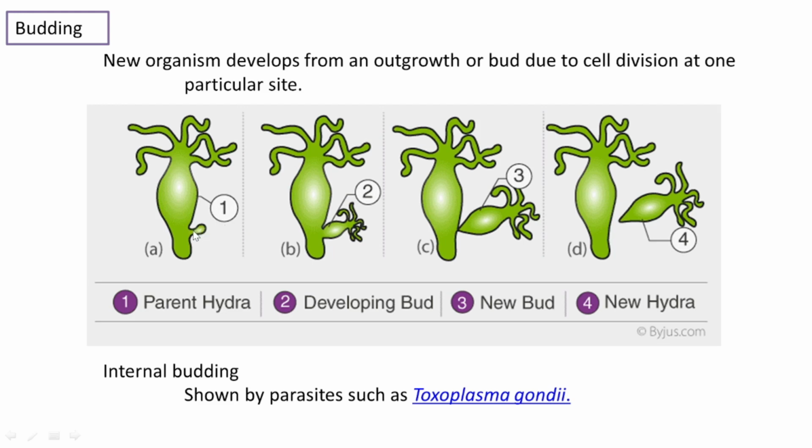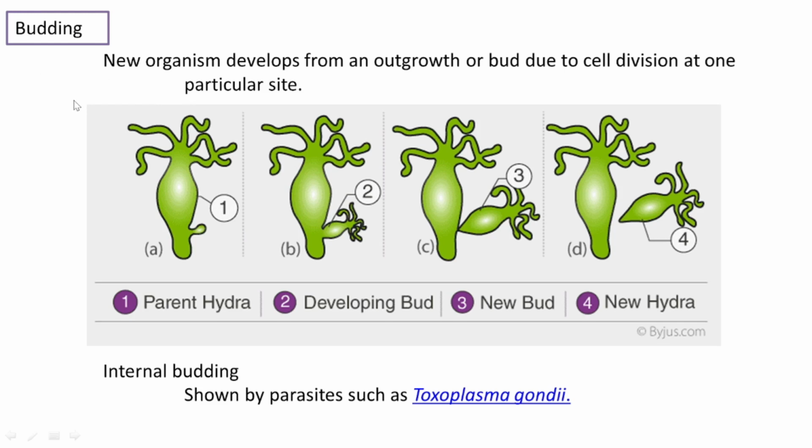Later that bud grows and attains the morphology of the exact parent hydra. On attaining the fully formed hydra's morphology, it buds off from the parent hydra and becomes an independent hydra. This is the process of budding.